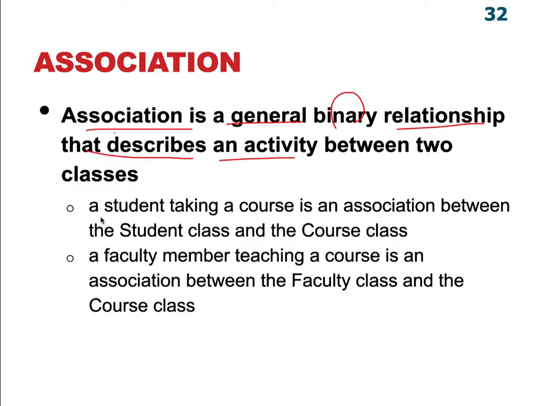For example, a student taking a course is association because the activity, take, is not one of the ones we have studied. And a faculty member teaches a course. Here the activity, teach, is not inheritance, aggregation, composition, or dependency. Then we have association between faculty and course.